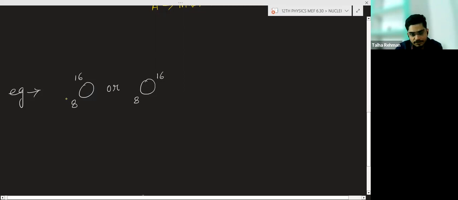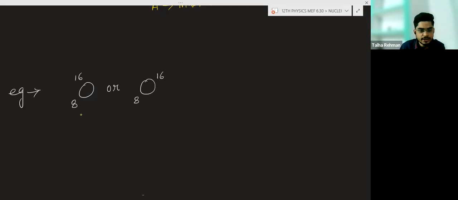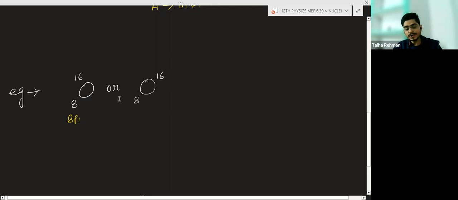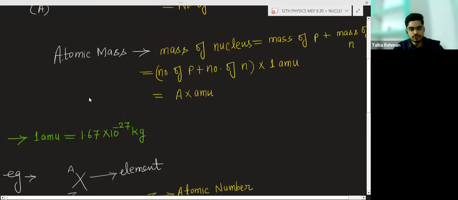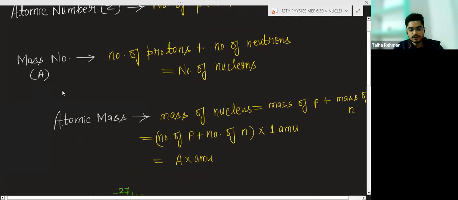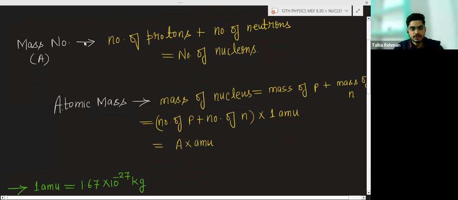Atomic number is 8. So here in this oxygen atom 8 protons will be there, and if you want to calculate the number of neutrons, from here you can calculate.